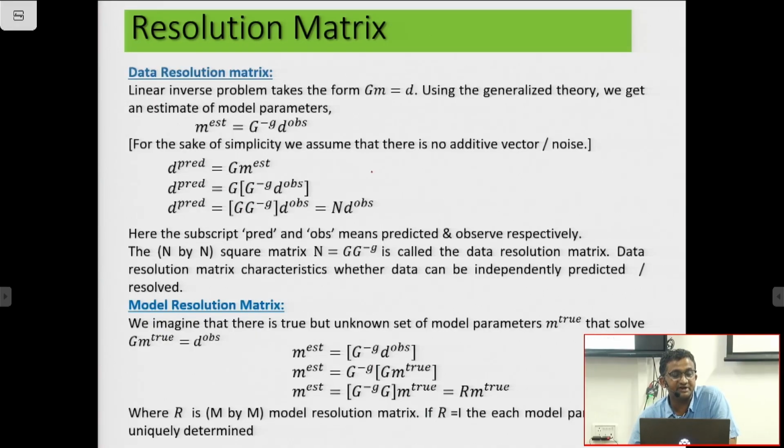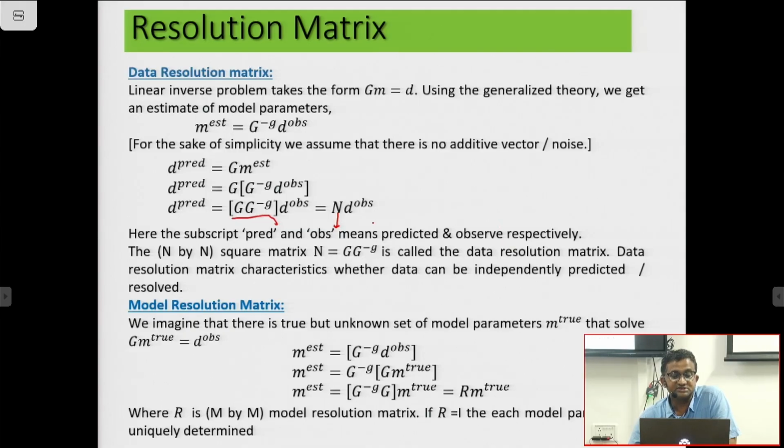So the predicted data equals G times the estimated model, where the estimated model is the generalized inverse operator times the observed data. That comes out to the predicted data equal to G times the generalized inverse operator times the observed data. So G times the generalized inverse operator is known as N, and it is called the data resolution matrix.